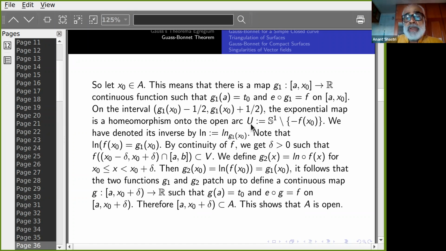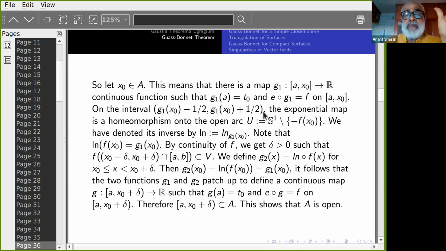onto S1 minus f of x naught, where you throw away minus f of x naught. The f of x naught is there because G1 of x naught goes to f of x naught. Keep that point, throw away its antipode, minus f x naught. That's also a point of the circle, so you throw away that point. You get an arc.